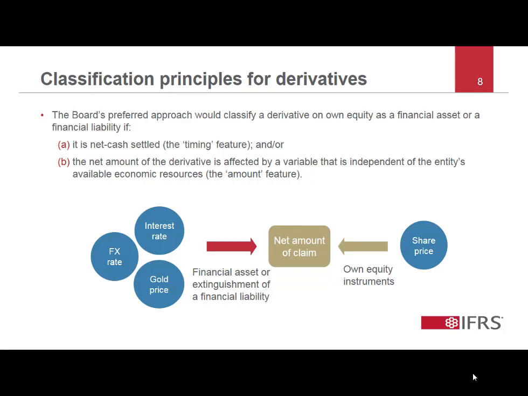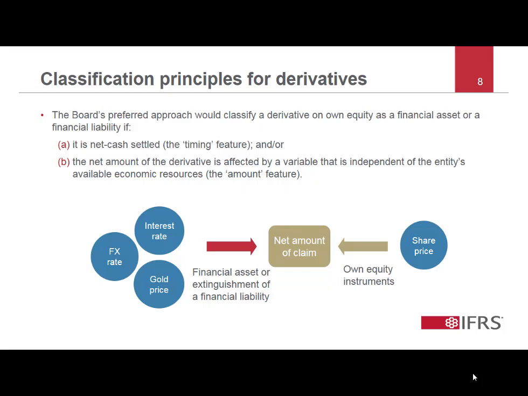But unlike non-derivative instruments, classification of on-equity derivatives will require assessing whether each variable affecting the net amount of the derivative is independent of the entity's available economic resources. This is effectively a special way of thinking about the amount feature in the context of derivatives.